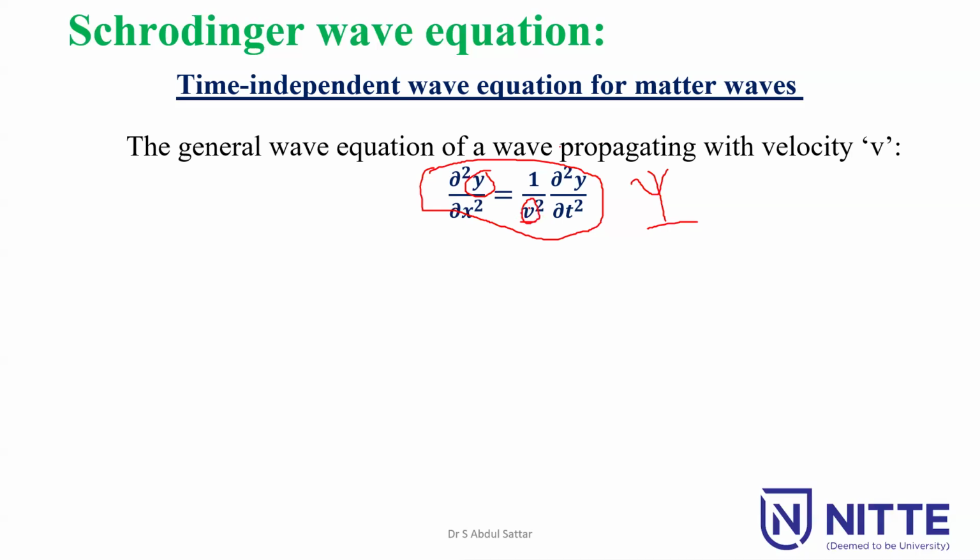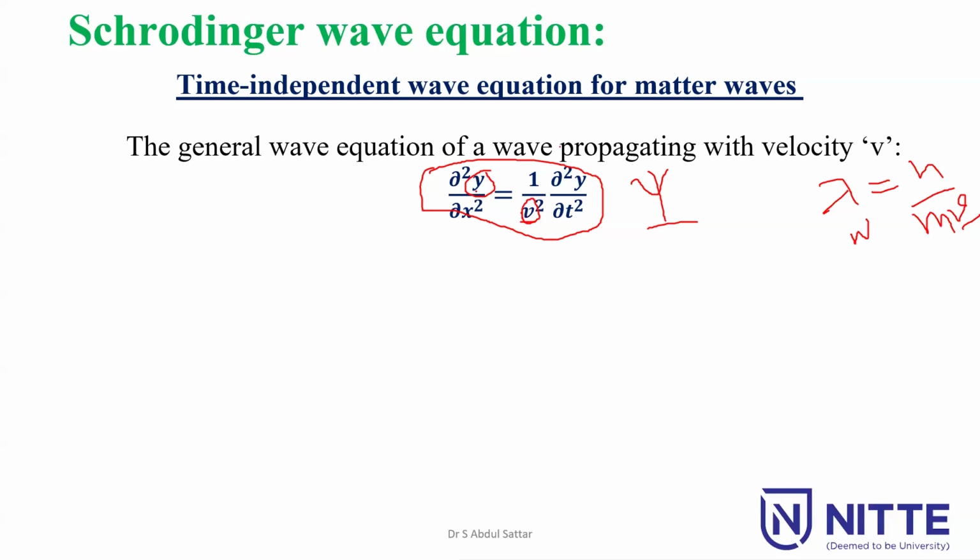But in the de Broglie hypothesis, we have de Broglie wavelength lambda equal to h by mv, where m is the mass of the particle and v is the velocity of the particle. So we can't use v as the velocity of matter waves. That's why we are using w as the velocity of matter waves.